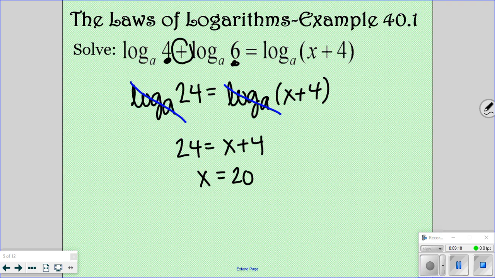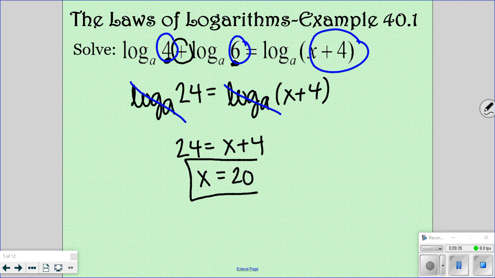Now the only thing we have to check, our argument, which is where this 4 is, where this 6 is, and where the x plus 4 is, they always have to be positive. And so if we plug in 20 for x, is this a positive number? They all are, so then this is our answer. If it's not a positive number, then your answer doesn't work and you would have no solution.